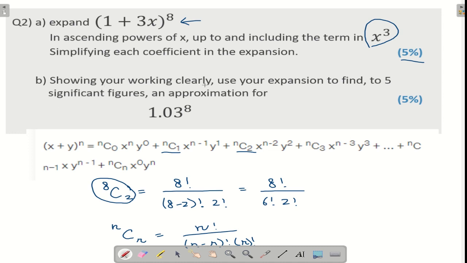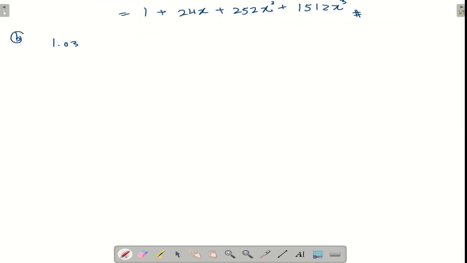Showing your working, use your expansion to find a 5 significant figure approximation for 1.03 to the power of 8. 1.03 to the power of 8 is equal to (1 plus 0.03) to the power of 8, which is (1 plus 3 times 0.01) to the power of 8.